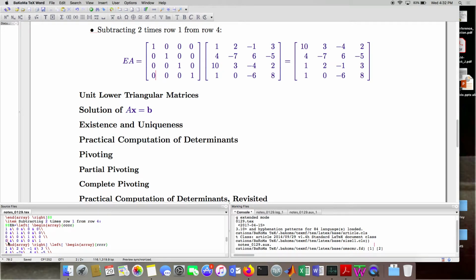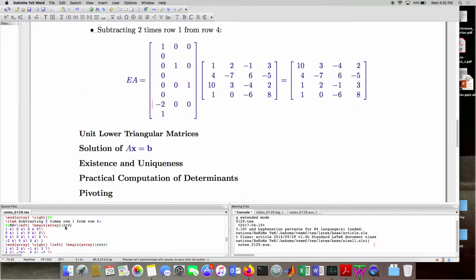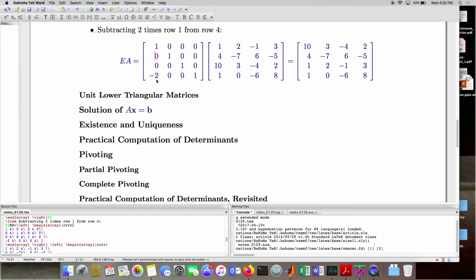So that's going to cause a -2 to appear in this position. So that gives an indication of a row operation that's being performed, that because it's in row 4, that's a row that's being worked on. Because this entry is in the first column, that's the row that's being multiplied by something to subtract from this row.